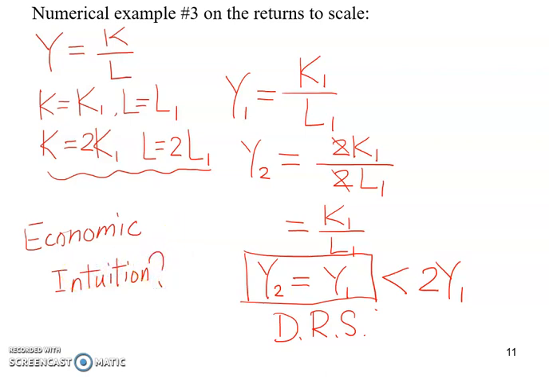Probably the constant returns to scale is pretty easy to understand, because we double the amount of machinery, equipment, and workers. Of course, we should expect our output to be doubled. That might be what common sense tells us.